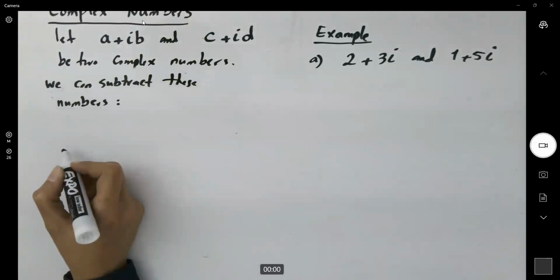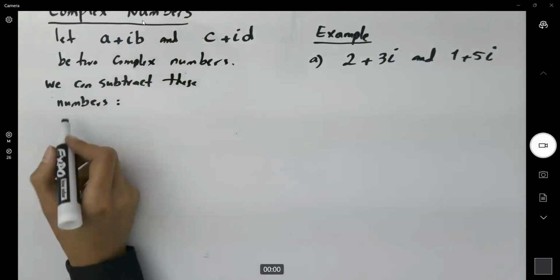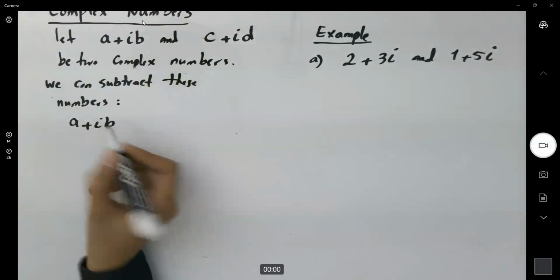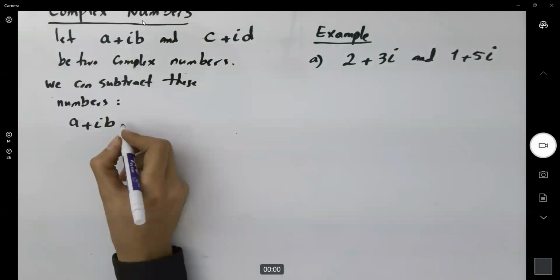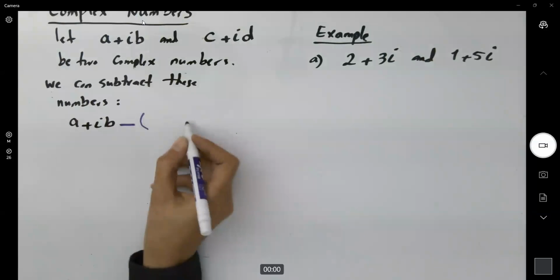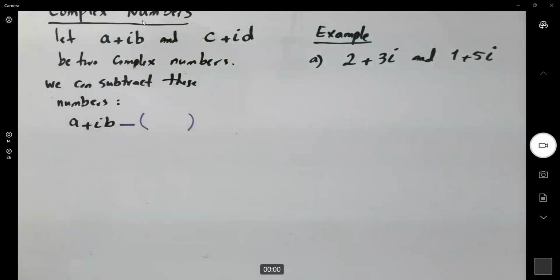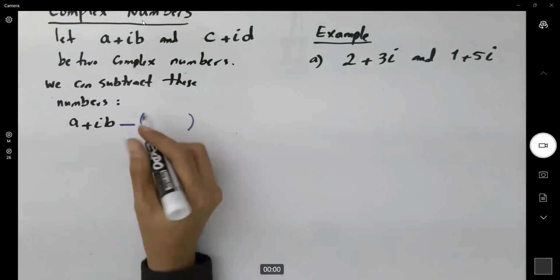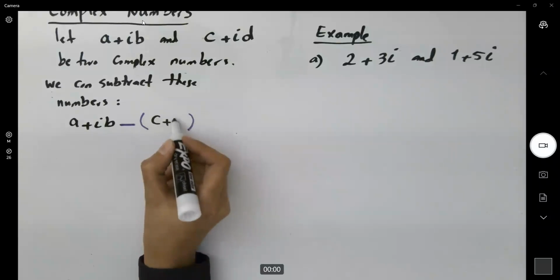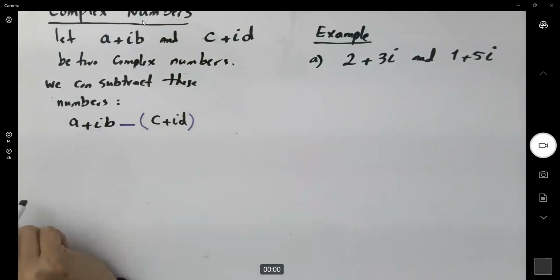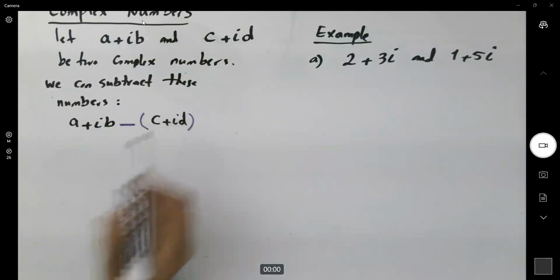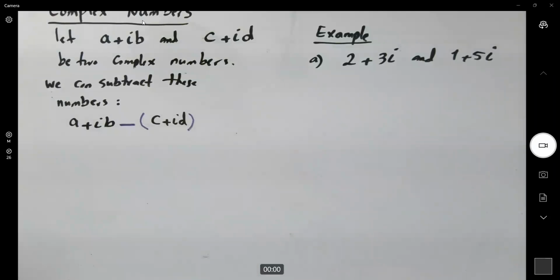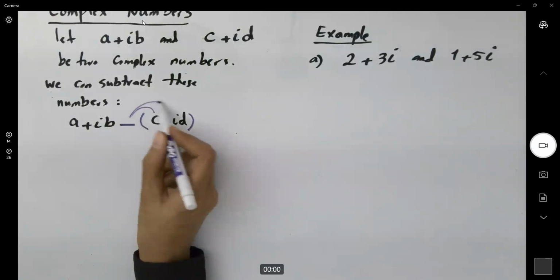and officially we write it this way: a plus ib, or bi, minus, guys, subtraction. You have to use parentheses for the second complex number, c plus id. Okay, officially, you have to distribute this negative sign into parentheses. Distribution.